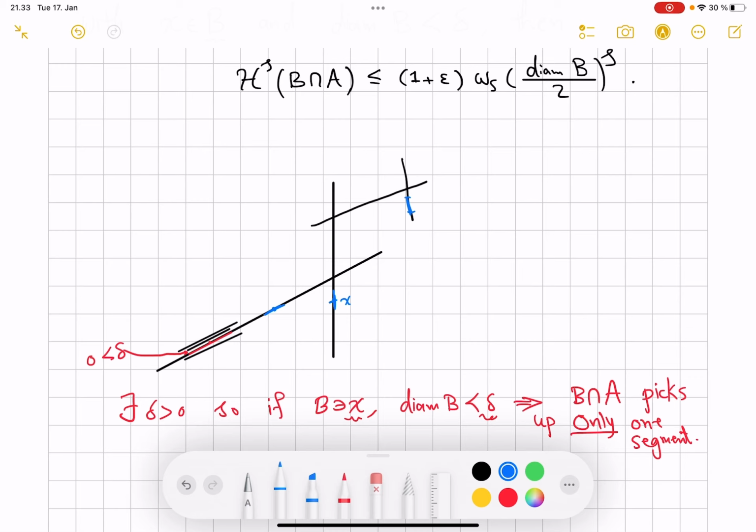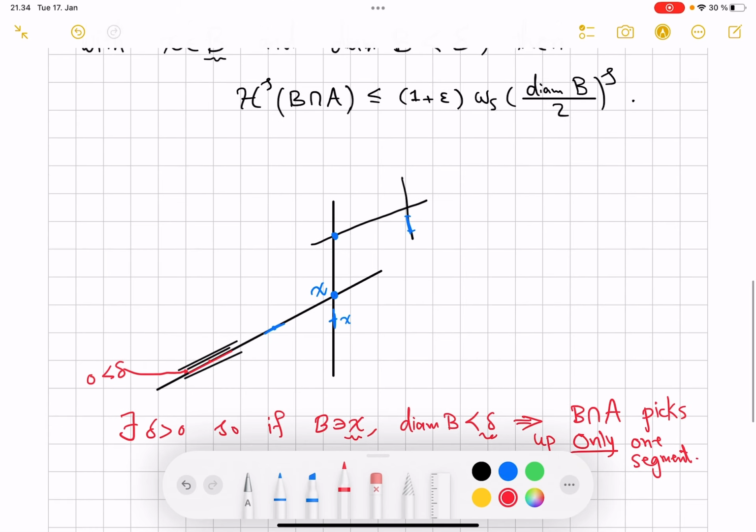The next type of bad points are the branching ones. So what happens at such an x? At such an x, you can never get rid of this problem, the inequality will not hold. It will be the other direction. No matter how small you take that delta, if you take a ball centered around this x, there are always two copies.